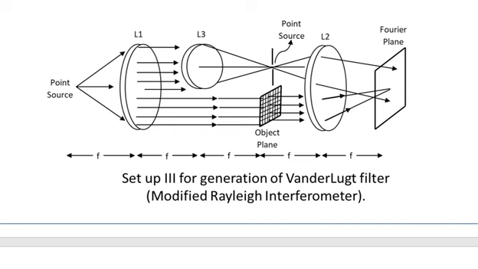Now a part of the plane wave from the lens L1 is incident on the lens L3. The lens L3 focuses that to a point source at the location where the object was placed. So the point source generated by the lens L3 and the object are located at the same plane.